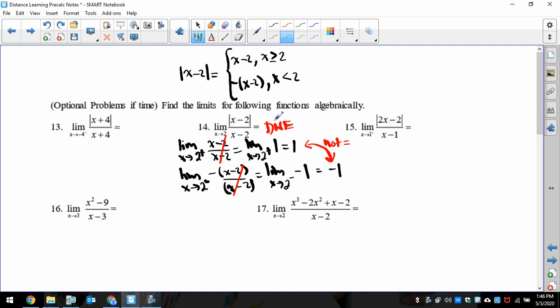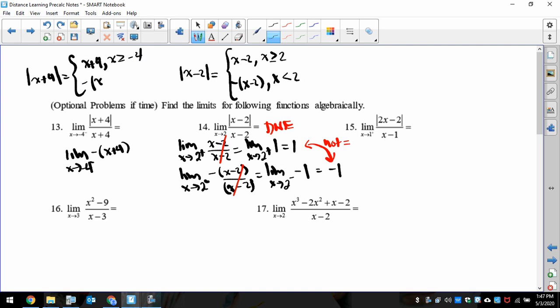This one here, we're considering only the left-hand side. So what that means is you would replace the top piece with the negative of the top. So we want to replace this with the piecewise absolute value definition of x plus 4.